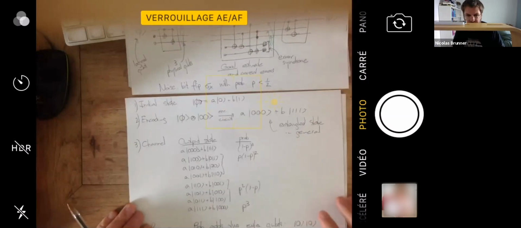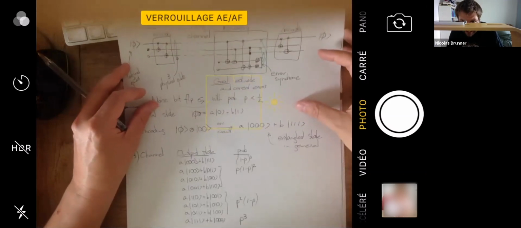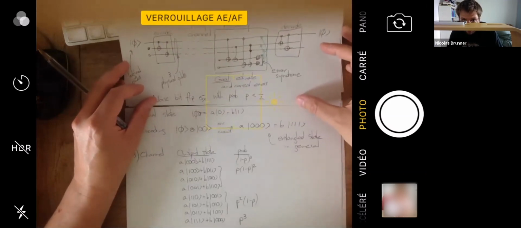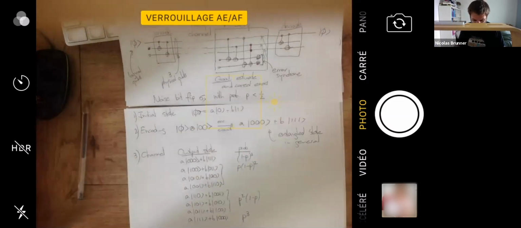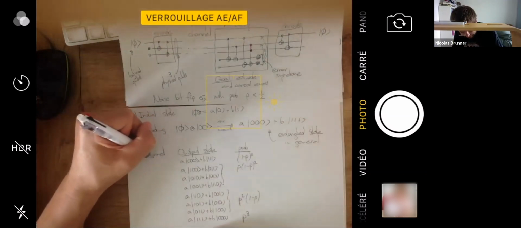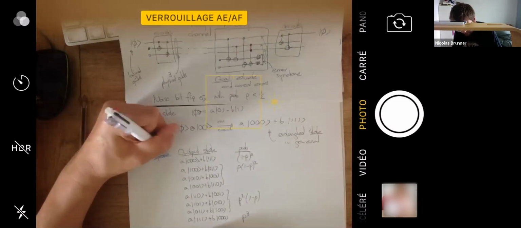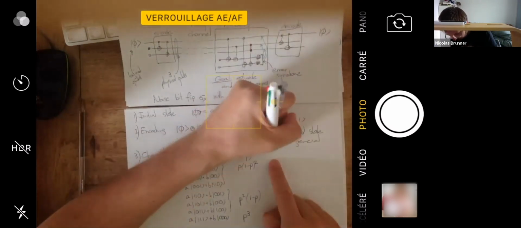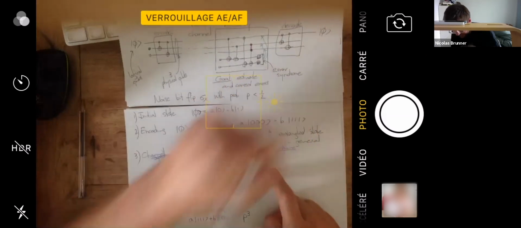Actually, maybe I will do it here because then it allows me to still show you the circuit, which will be more useful, I think. Okay, so now maybe I do it in blue. So in blue here, I will write what is the syndrome. So this is the syndrome for Bob.